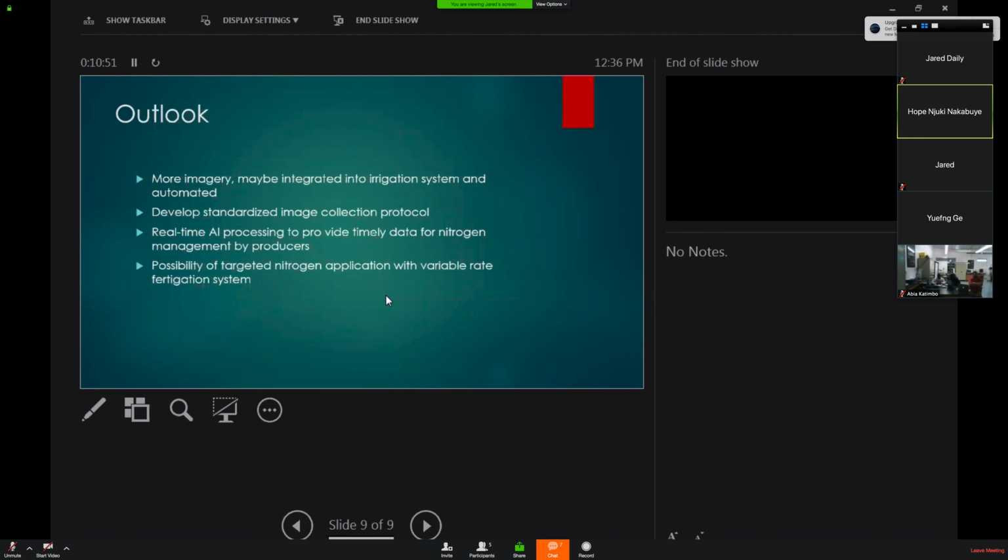But in the end, we're hoping that this can give us data in time to make the nitrogen management decisions, and maybe even give us the opportunity to target different parts of a field for targeted nitrogen management.